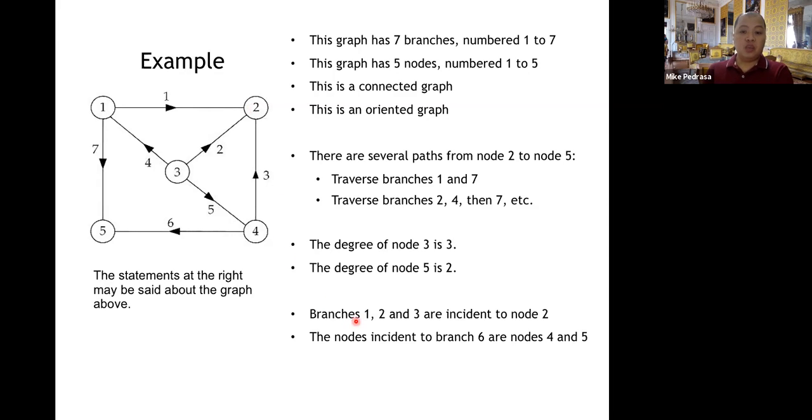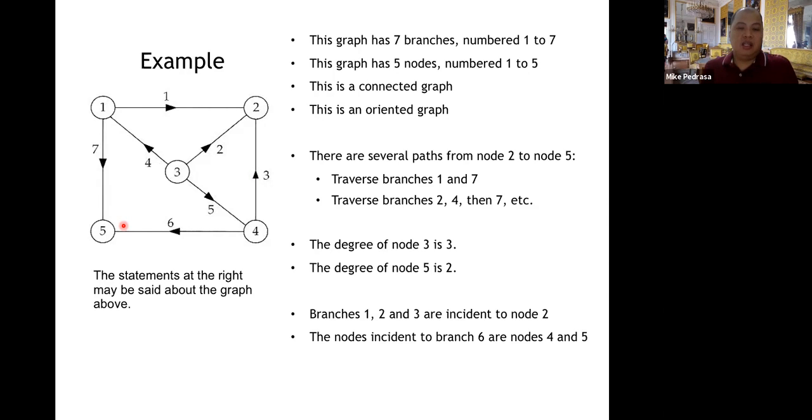So, branches 1, 2, and 3, this one, and this one, they are incident to node number 2. And then similarly, the nodes incident to branch 6, this is branch 6, are nodes 4 and 5. So when we use the term incidence, pwedeng sinasabi natin yung incidence ng branch to a node or ng node to a branch.